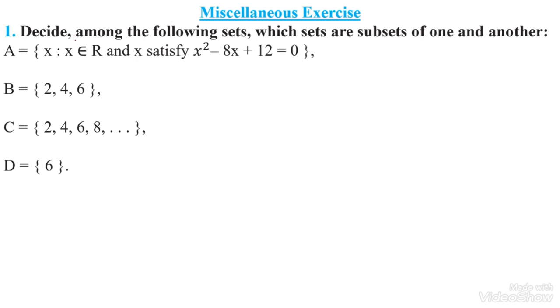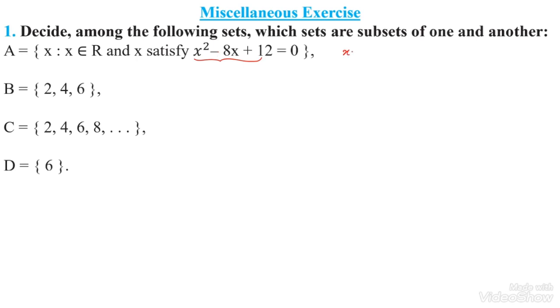The first set, A, contains the elements x such that x belongs to R and x satisfies x squared minus 8x plus 12 equals 0. Now we have to write it in roster form.